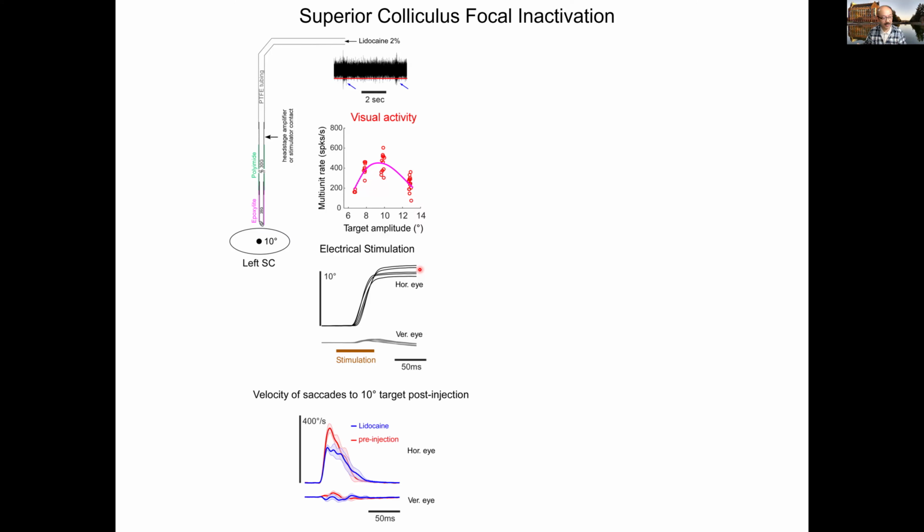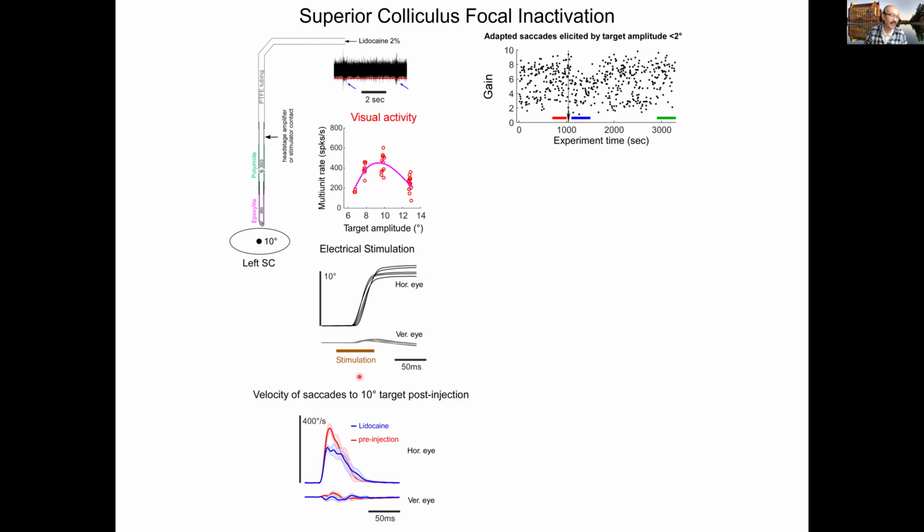And then we injected the lidocaine, and the saccade to the 10-degree target post-injection is actually much smaller and slower. Well, it's smaller because it is slower. So now what happened with the adapted saccade?